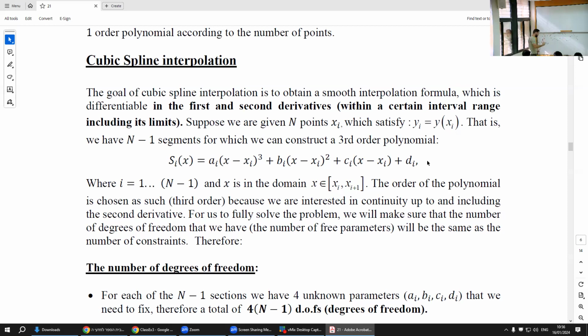And of course, I want that Si at xi to be equal to yi. S1 at this point, I want it to be y1. And I want Si at xi plus 1 to be yi plus 1. S1 at x2 is y2. Also, S2 at x2 is y2.